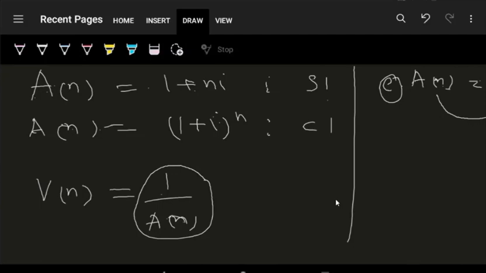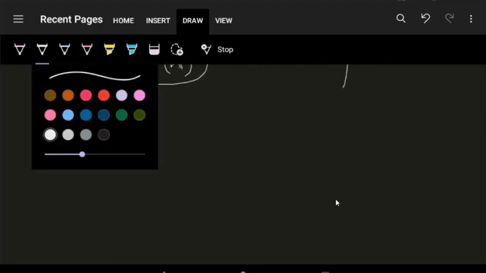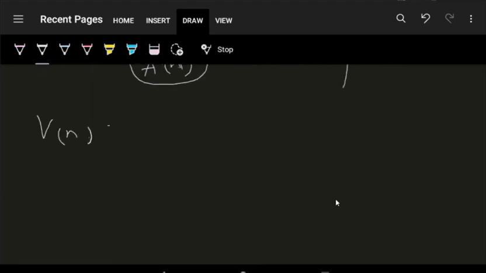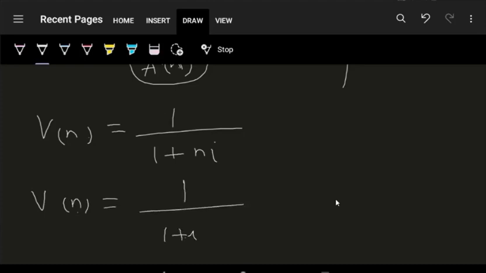Making it simple, the discounting factor in simple interest would be 1 upon 1 plus ni, and in the case of compound interest it will be 1 upon (1 plus i) to the power n. Or you can directly write it as (1 plus i) to the power minus n, which is the same thing.